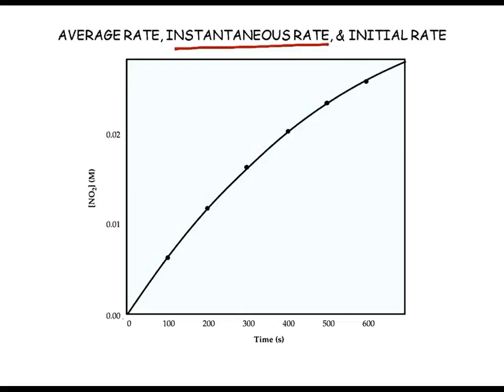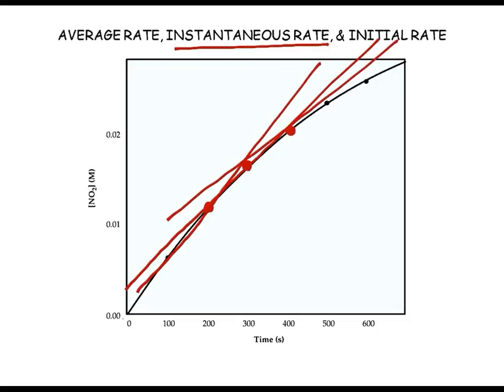Now, I want to talk about instantaneous rate, and I want to look at the 300 second tangent line, and I want to compare that to, here we have the 200 second tangent, and then there's the 400 second tangent and 500 seconds, and there's 600 seconds.